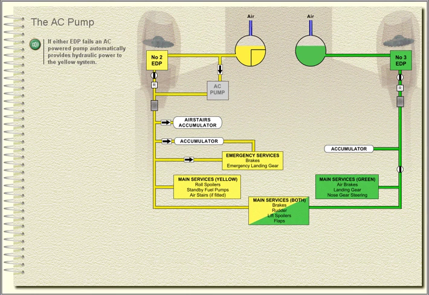If either EDP fails, an AC-powered pump automatically provides hydraulic power to the yellow system.